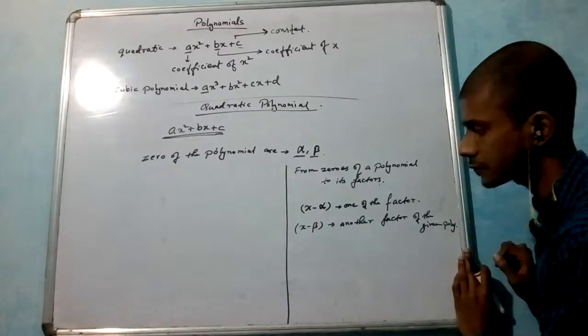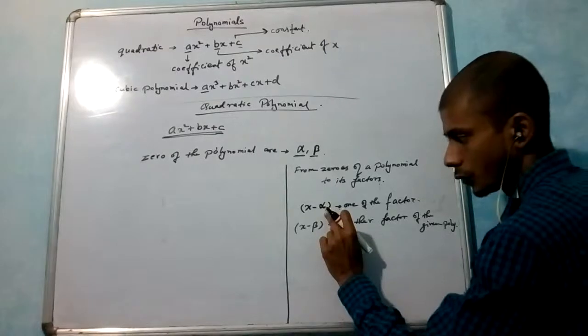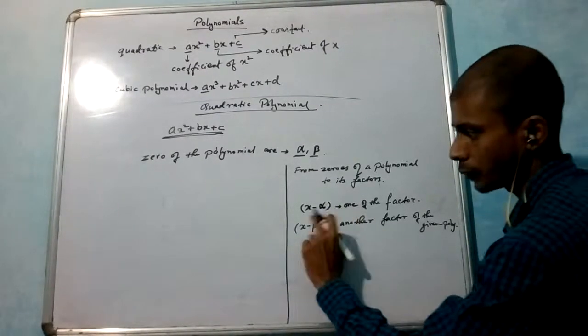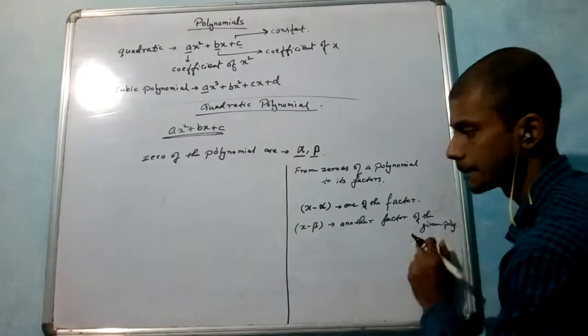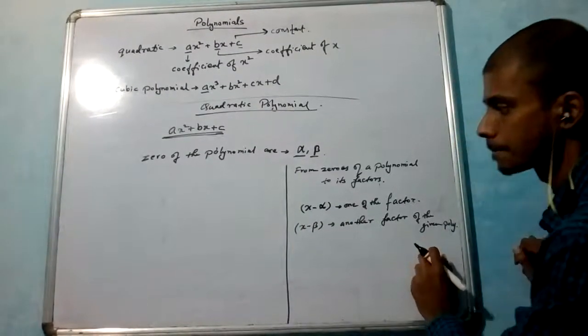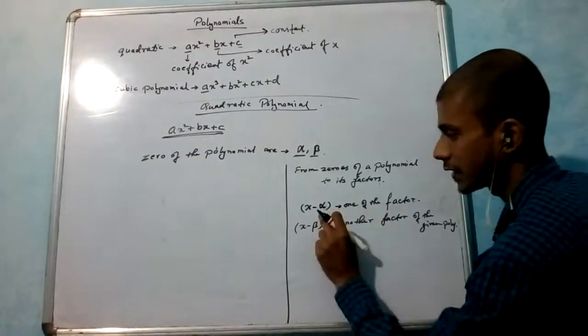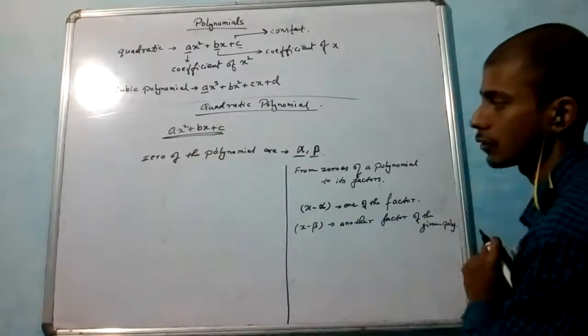Okay. So we had studied in the last class that if some polynomial becomes one of the factors, what does it mean? This will completely divide this polynomial or not?